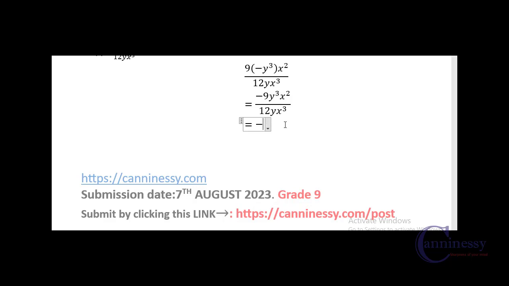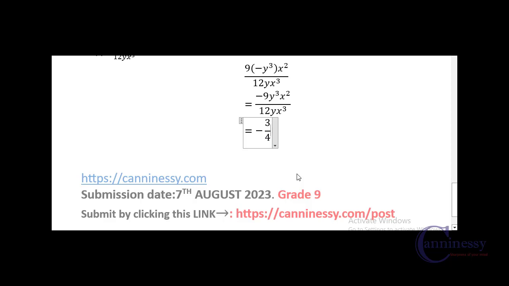Then 3 goes how many times to 9? 3 times. Then 3 goes how many times to 12? 4 times. So we've dealt with the numerical values.